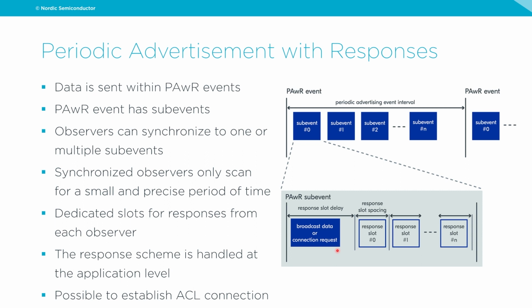That's something that would benefit from a little bit higher throughput. So what you can do is connect to that tag using the periodic advertisement with responses, send that data quickly, and then close the connection. So you don't need to go back to the legacy advertisement that, again, is very costly from a power consumption standpoint. You can also use this feature to establish the connection, send the data, close the connection, and go back to the periodic advertisement for other data exchange purposes.